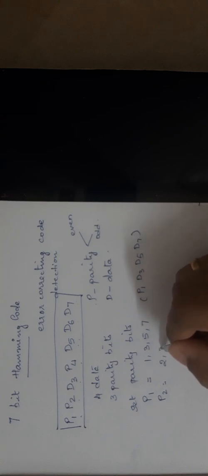And P2 is set to 0 or 1 over the bits 2, 3, 6, 7. That is, 2 is P2, 3 is D3, then D6, D7.